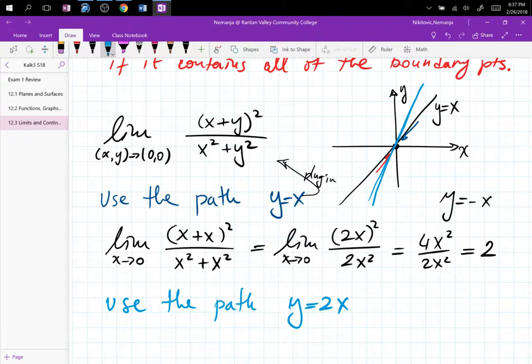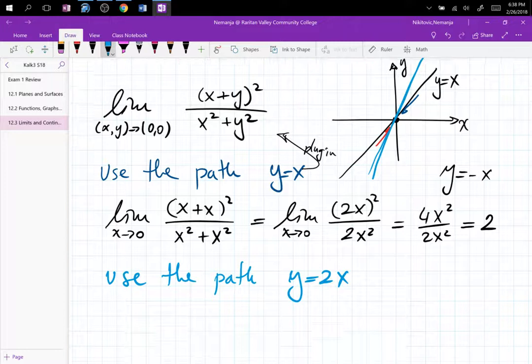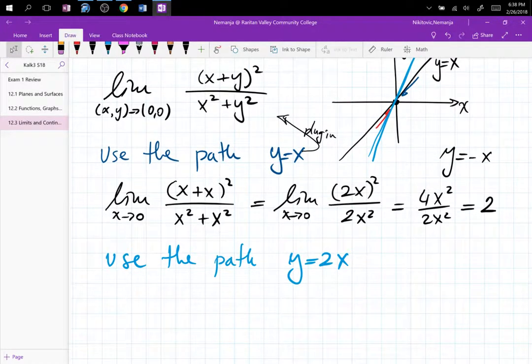If I get a different value for this, then there is no limit, because you can't have the limit if different paths give you different numbers. Just like in Calc 1, the left limit and right limit must have the same value if you are to have the limit. If they don't have the same value, no limit. So now I am changing the approach, but instead of going from left to right, now I'm actually changing the line on which I'm walking.